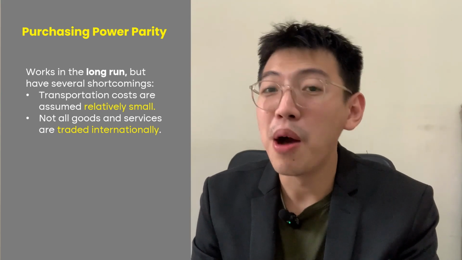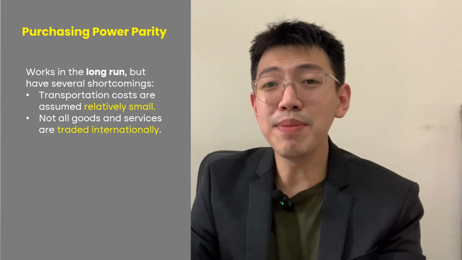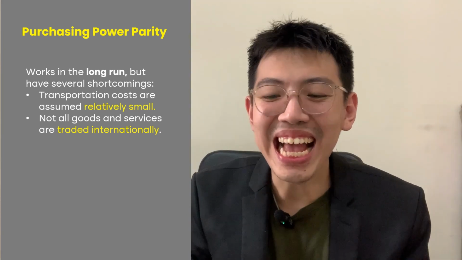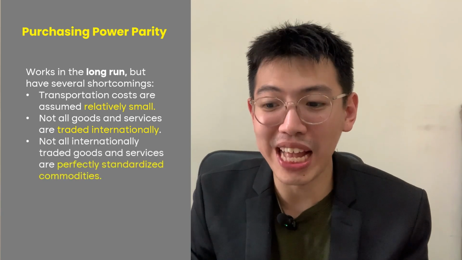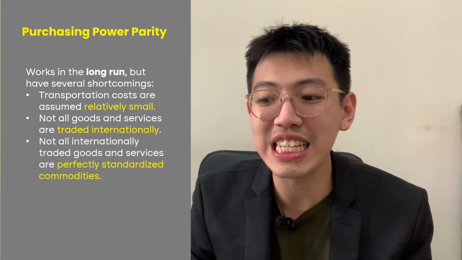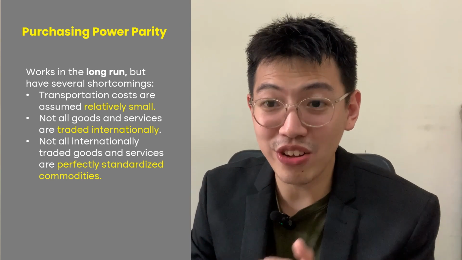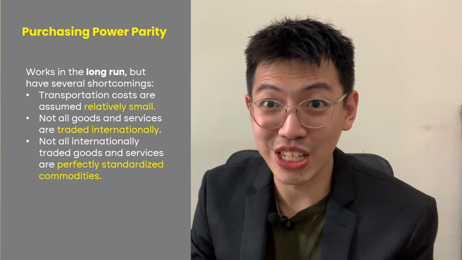For example, barber in Indonesia will be different with barber in US. It is impossible to trade US barber to Indonesia, right? And then the third one is not all internationally traded goods and services are perfectly standardized commodities. Grain in US and grain in Indonesia will be different. Do you get the idea about exchange rate, right?